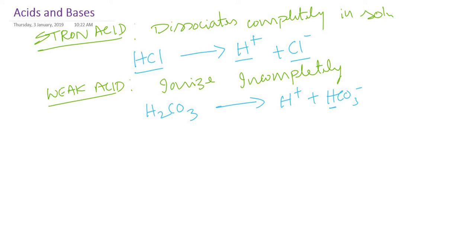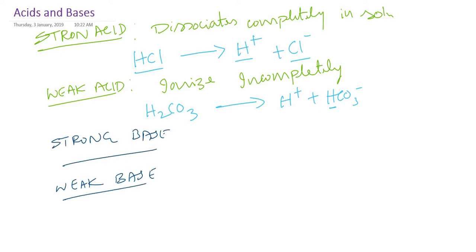Similarly, among bases we also have strong bases as well as weak bases. The definition is exactly the same as that of strong acid. Strong bases dissociate completely. An example of a strong base is sodium hydroxide.